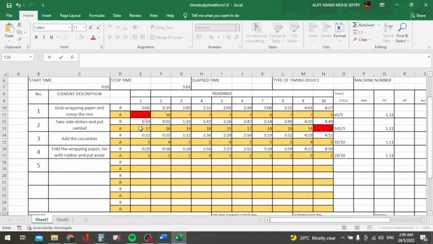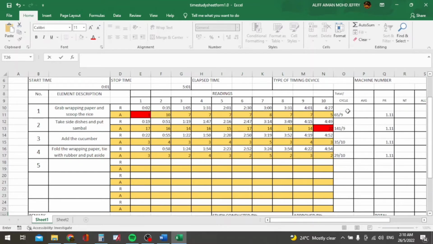There are two outliers: at element 1, cycle 1 we have one outlier, and for the second element we have one outlier also at cycle 10. So how do we calculate the average time?